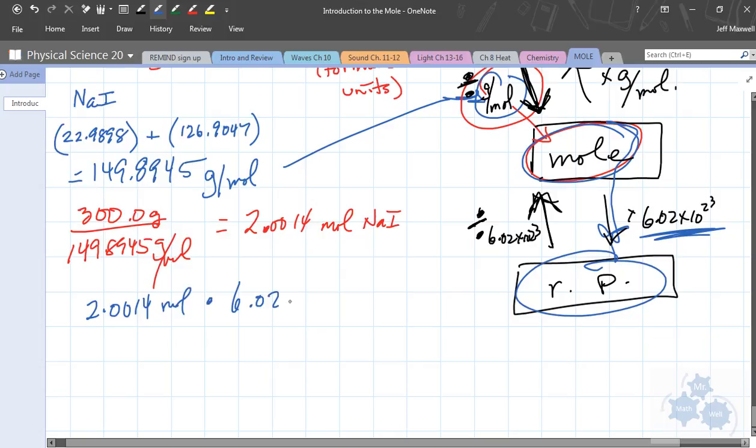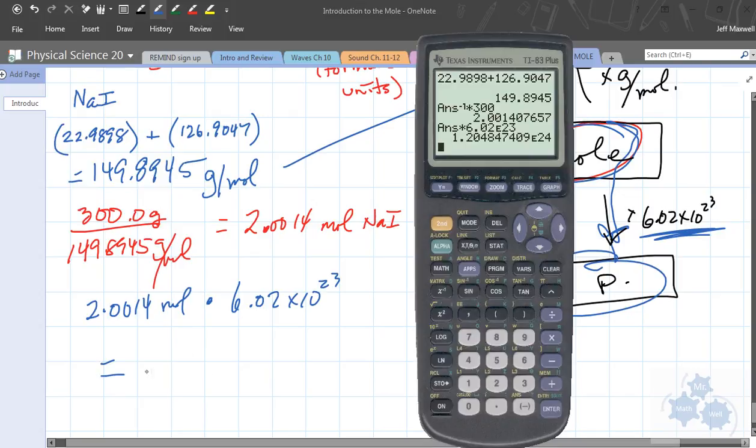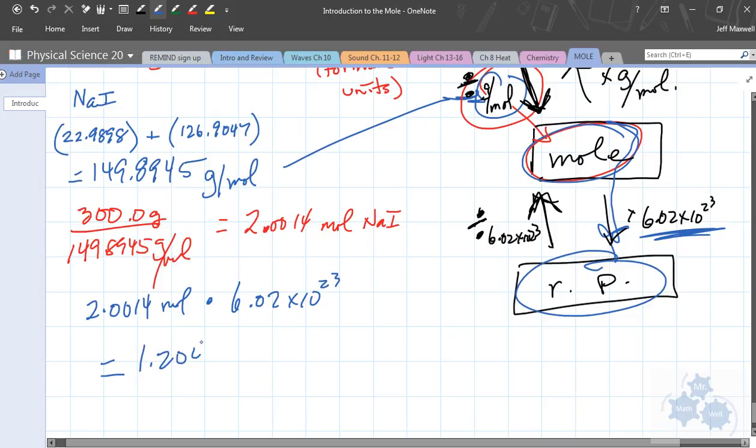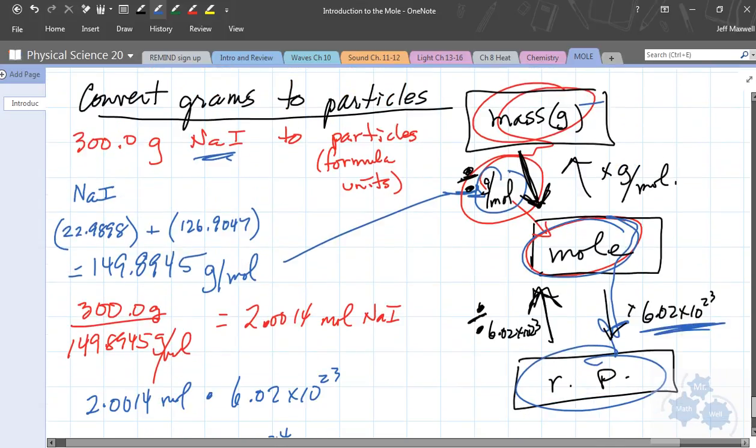Times 6.02. Make sure you write down what you did. Show your communication. And that's going to be formula units, or you can just put RP, representative particles.